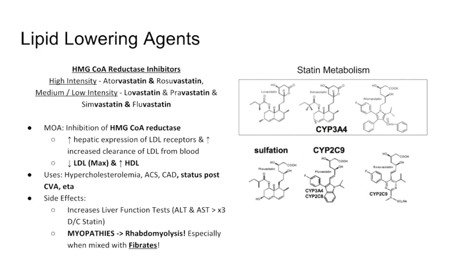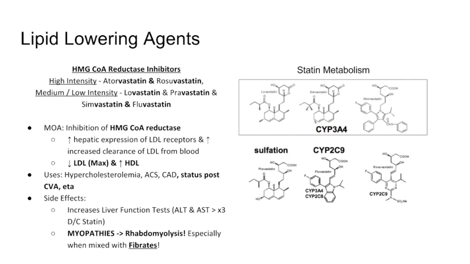As I said before, you're inhibiting the HMG-CoA reductase enzyme. So what this is doing is it's actually increasing the hepatic expression of the LDL receptor, and so therefore you're increasing the LDL getting taken into the liver and being cleared from the blood. So this is going to maximally reduce your LDL cholesterol, and it's also going to cause an increase in your HDL.